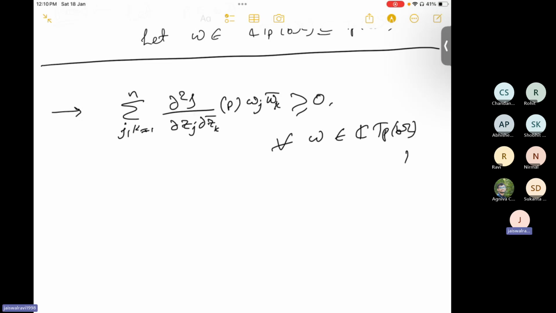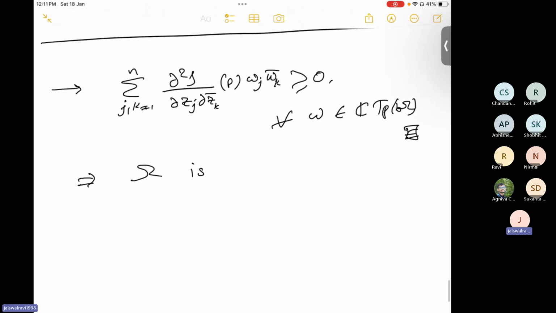That implies this point P is a pseudo-convex point. So this basically says that if domain omega is convex, then omega is pseudo-convex.